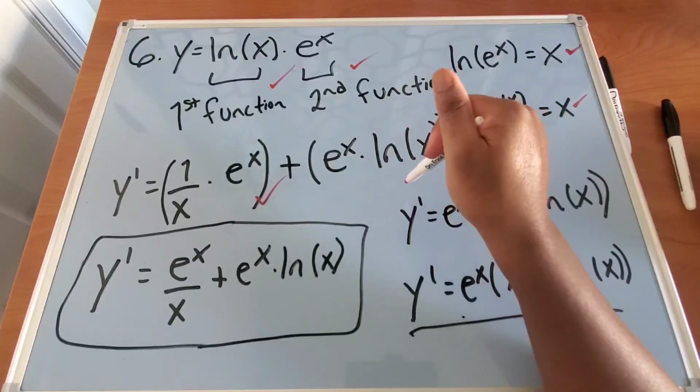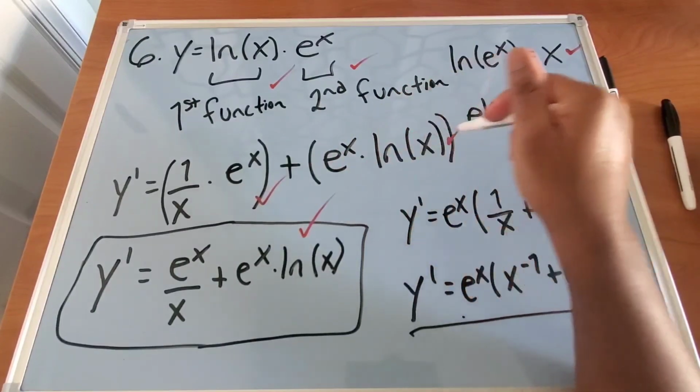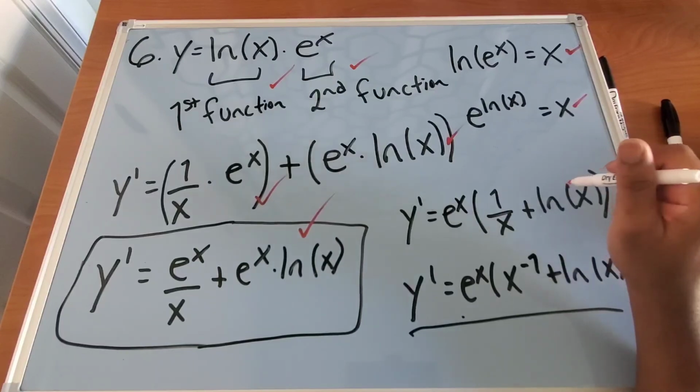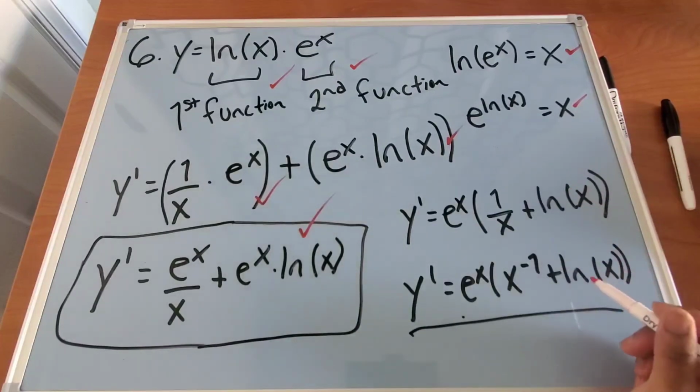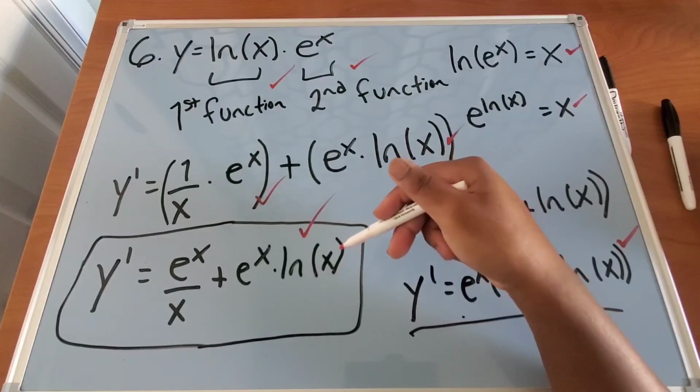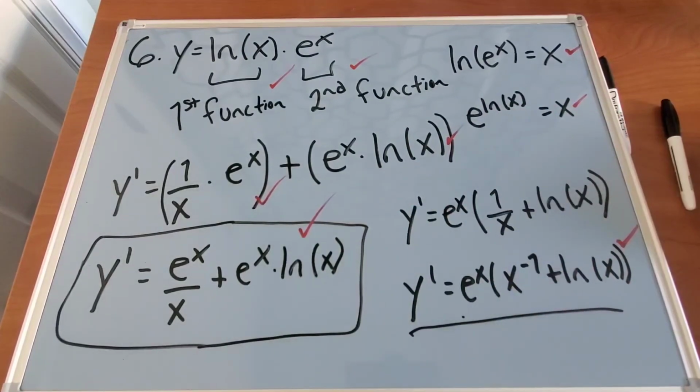I just multiplied it out and kept it the same, so this one works. This one we pulled out an e to the x, and then we said it was equal to e to the x times x to the minus 1 plus natural log of x. This also works. I would prefer this on a test because it's a little bit quicker. This one included 2 more steps for me. That's a matter of preference.